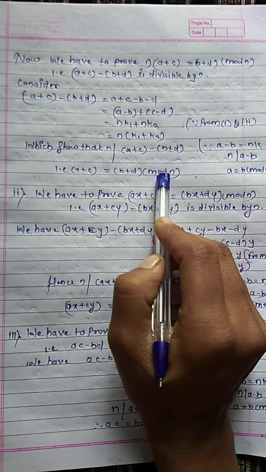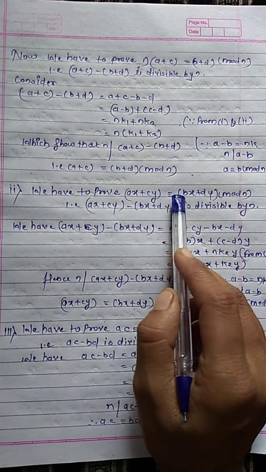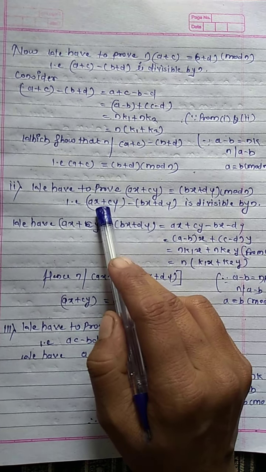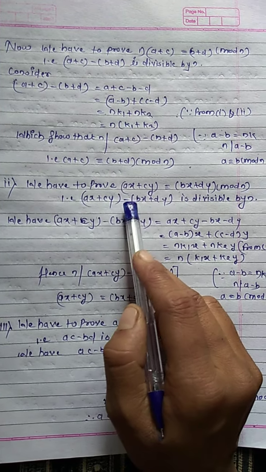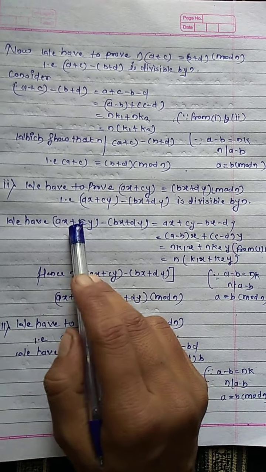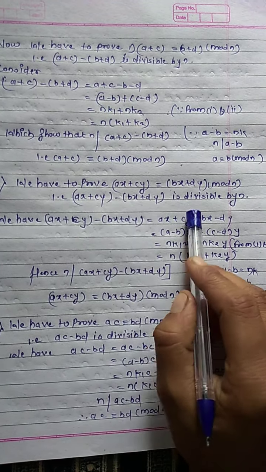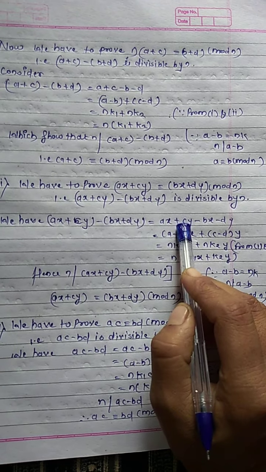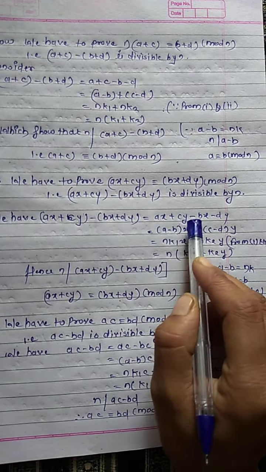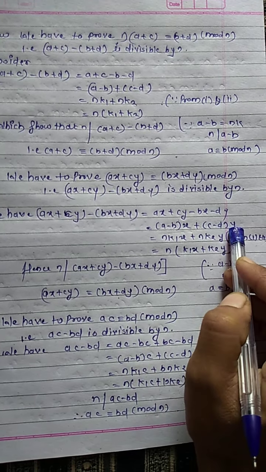Second, we have to prove that ax plus cy is congruent to bx plus dy modulo n. That is, we have to prove that ax plus cy minus in bracket bx plus dy is divisible by n. So consider ax plus cy minus bx minus dy. It is written as ax minus bx, taking x common, plus cy minus dy, taking y common.